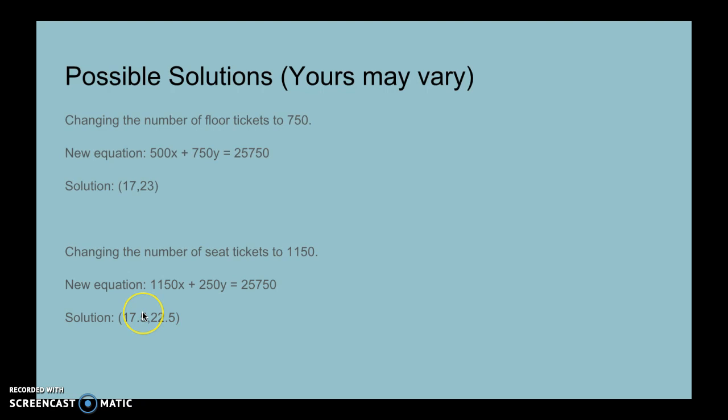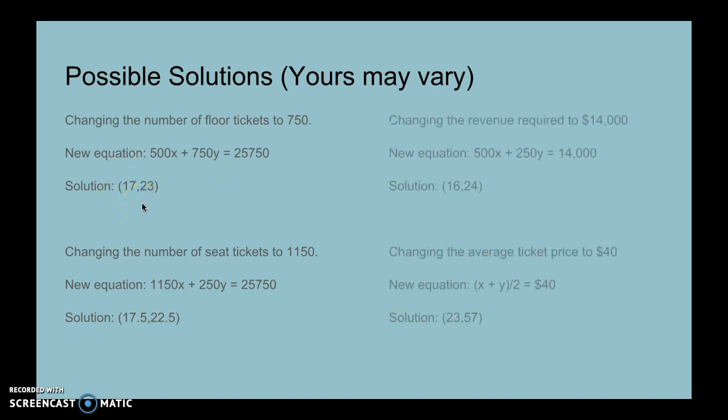You should be able to gather what that means. Obviously, X is your seat ticket price and Y is your floor ticket price. Changing the revenue required to 14,000, there's your solution there, and the average ticket price 40, and your solutions down there.